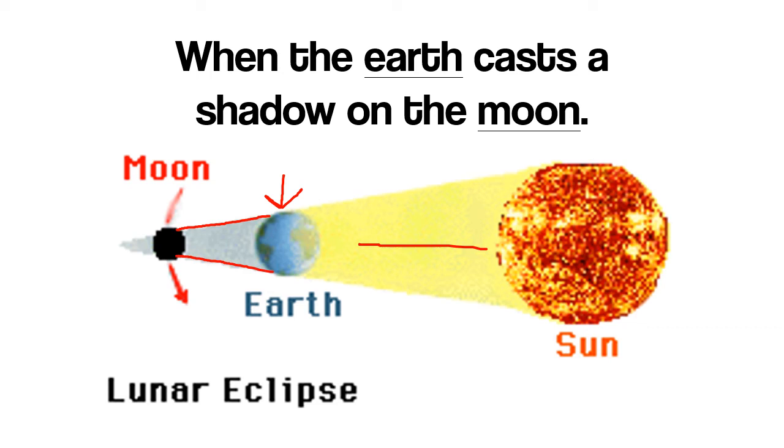Now what you'll notice in this picture is that the shadow is much bigger than it was in the solar eclipse, right? Well, think about it. We are way bigger than the moon is. And so we're blocking out all the light from the sun, and it's casting a shadow on the moon.